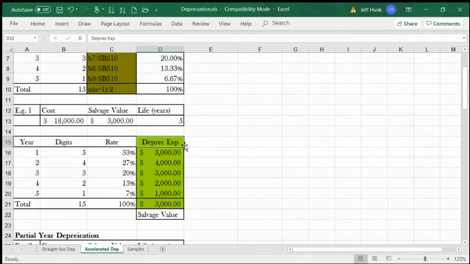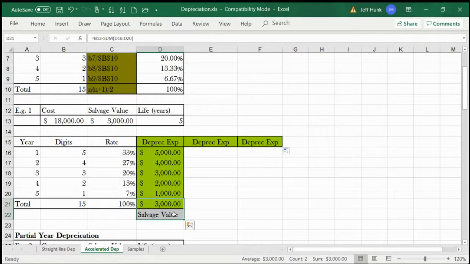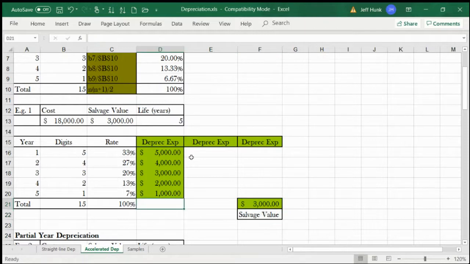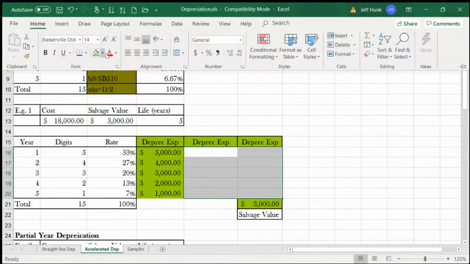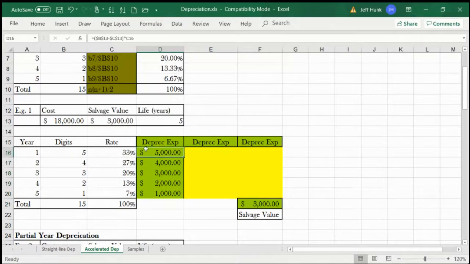You know what's missing? Accumulated depreciation and book value, right? Actually, the book value should come here. I'll do that.